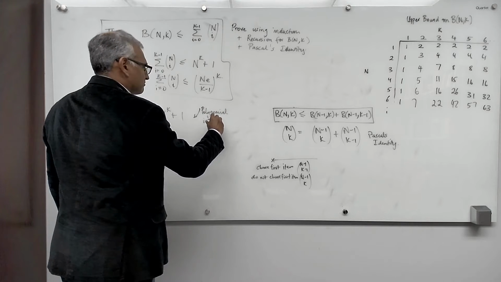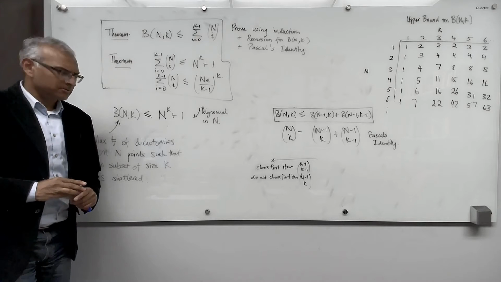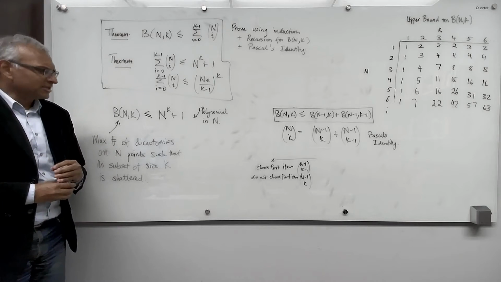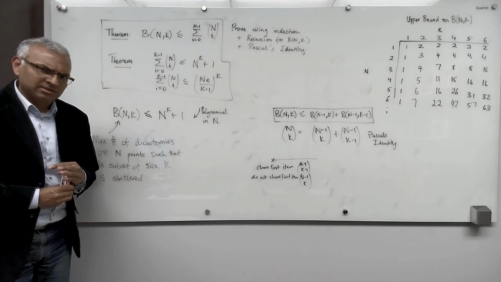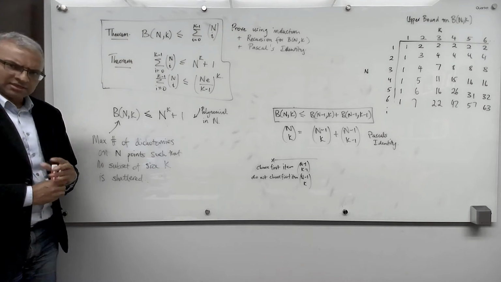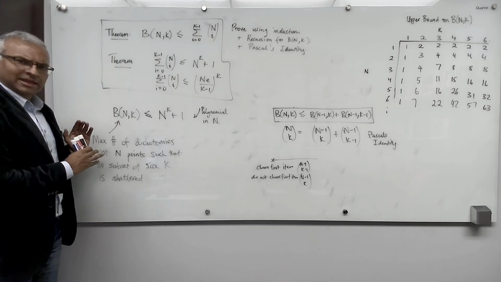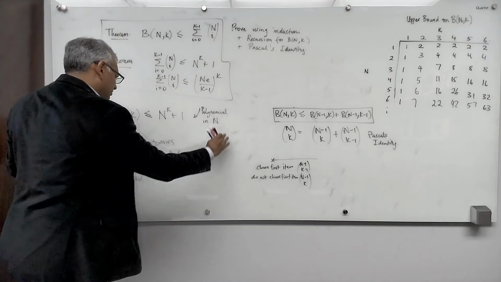Now I'm going to switch gears, because by now you've lost patience with me. You're thinking, this is not a class in combinatorics. And that's why I told you, if you're not interested in the combinatorics, fine, but at least appreciate what we have proved.